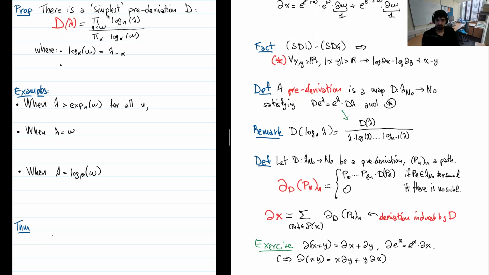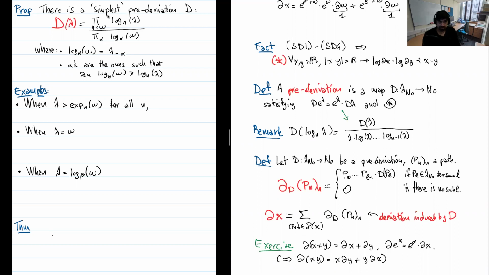Minus alpha is a surreal number; you plug it in this function lambda_x, covering all log-atomic numbers, and I take this one. And the alphas are the ones such that there exists an n such that log_alpha omega is greater than or equal to the n-th logarithm of lambda. These are the ones that you put in the denominator. And that's it. This function is the simplest, in an appropriate sense, pre-derivation you can put on log-atomic numbers.